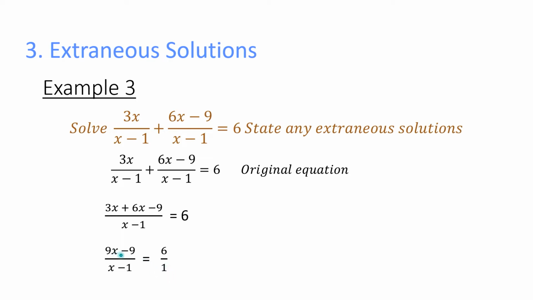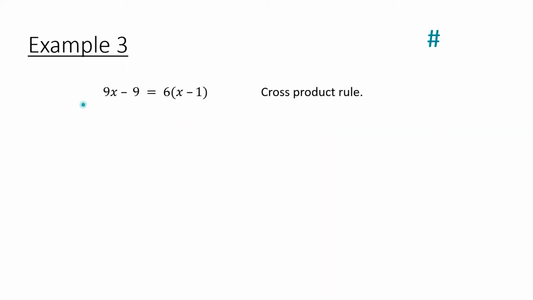Next, you have to apply the cross product rule for solving this. So we get 9x minus 9 equals 6 times x minus 1. Applying the distributive property, we get 9x minus 9 equals 6x minus 6.